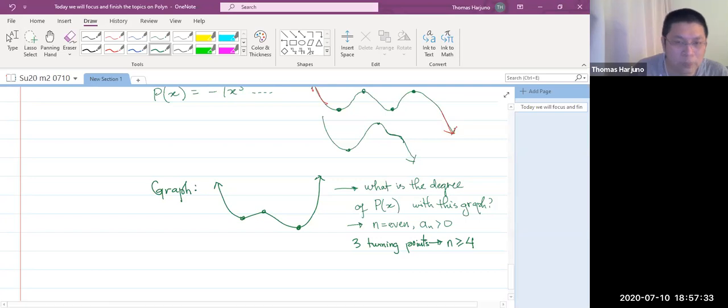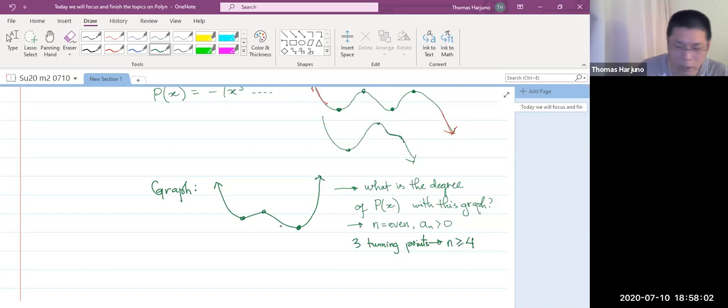The degree of this polynomial is at least 4 because it has 3 turning points. There could be some bending here that we don't see, that we don't count as turning points. But if it has 3 turning points, then the degree is at least 4. Now we know it will be either 4 or 6 or 8 because of that end behavior.